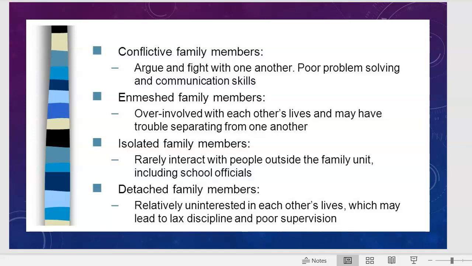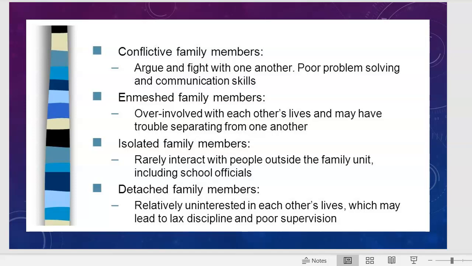It could be the whole family system, or just a few family members that are enmeshed. It means they're overly involved in each other's lives. They may have difficulty separating from one another, and it also means there's a tremendous amount of anxiety with maintaining relationships and maintaining the balance of connection and differentiation.